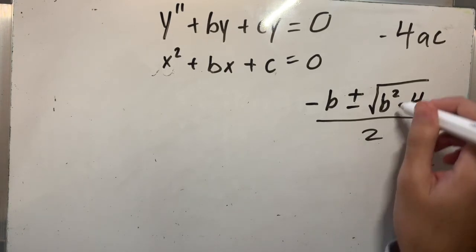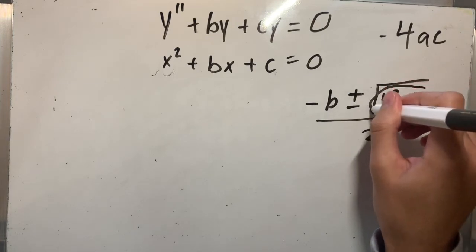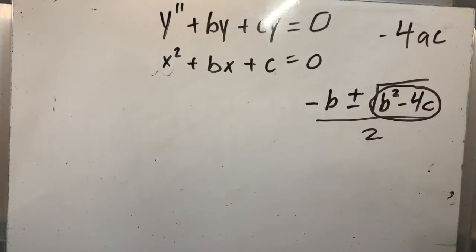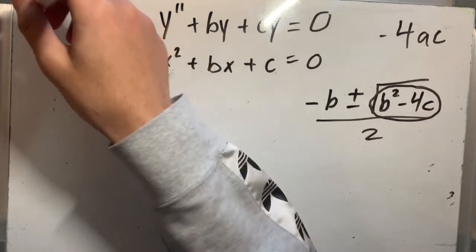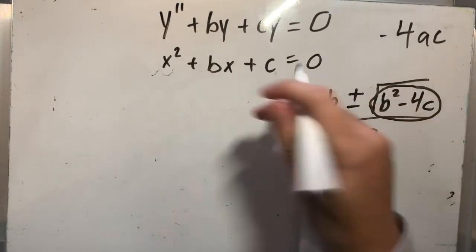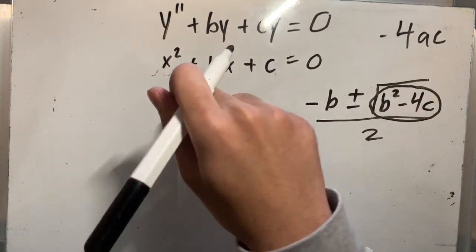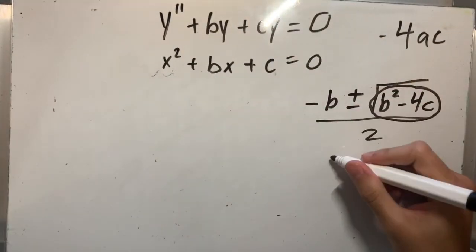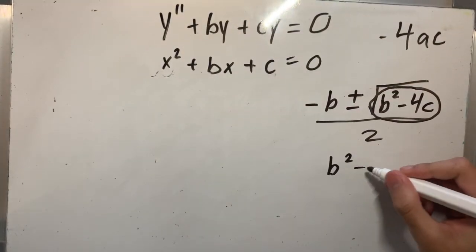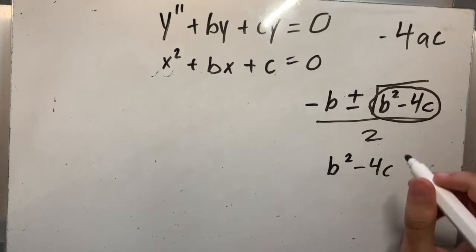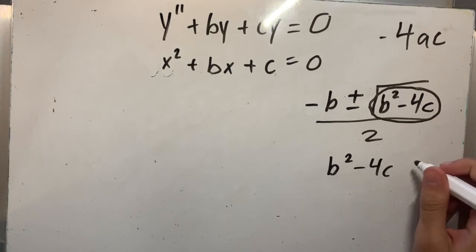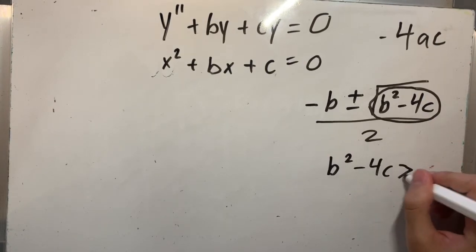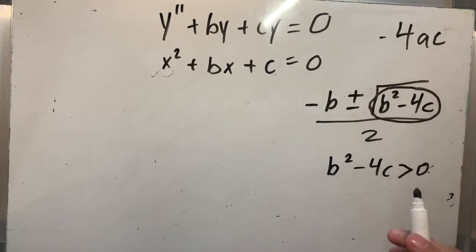So our discriminant is this part of the equation, and there are certain rules that you'll have to remember when it comes to these specific second order homogeneous equations with constant coefficients. If b squared minus 4c, the discriminant, is greater than 0, then this differential equation has 2 distinct real roots.